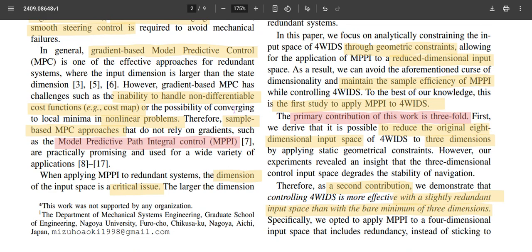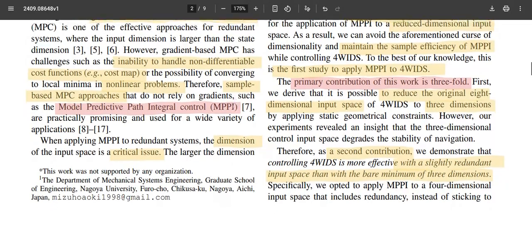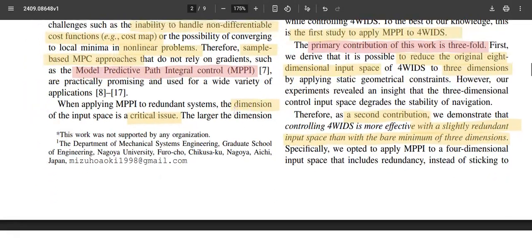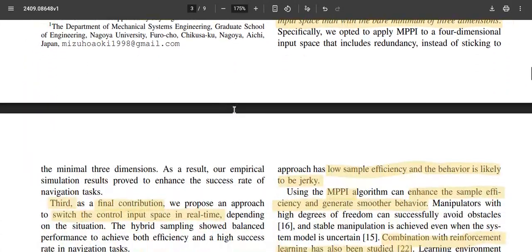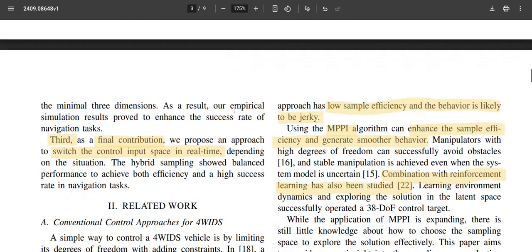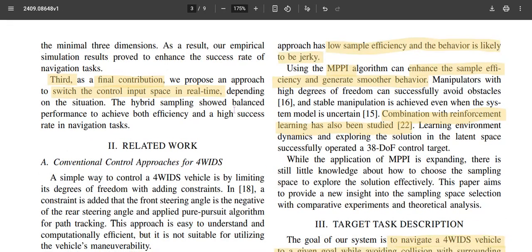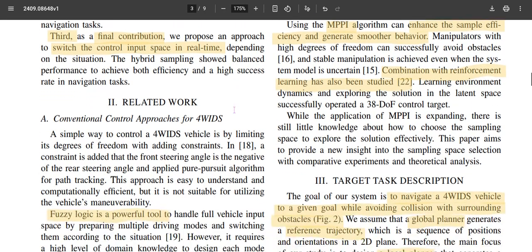So the second contribution is slightly increasing this dimension to four dimensions with a redundant input space, which gives better efficiency compared to three dimensions. The third contribution is a hybrid approach where the input dimensional space can be switched based upon the situation during real-time computation, which we'll also discuss later in this video.